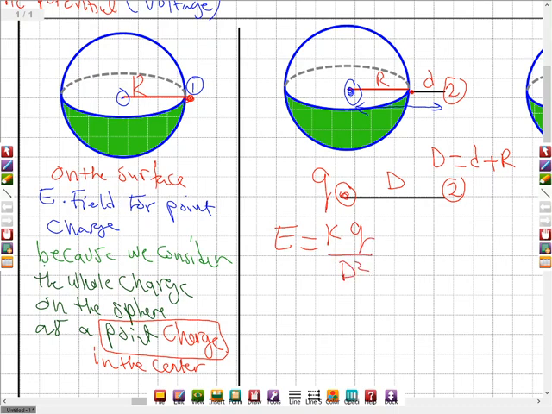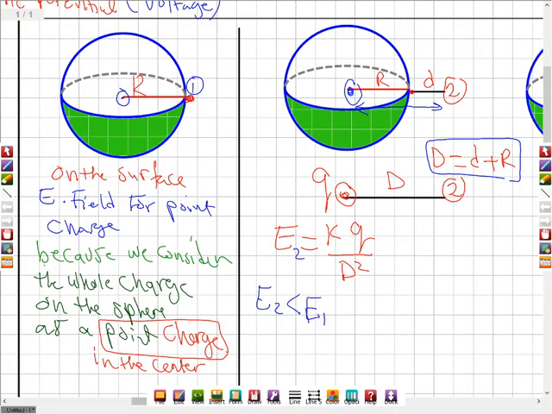When the denominator increases, this amount decreases. That means E2 is less than E1.